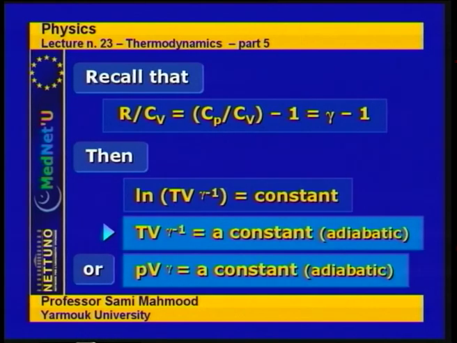This is an alternative relation which is relating the state variables of the ideal gas in an adiabatic process. So thus we have these relations which relate the state variables. Each relation actually connects two variables, and the equation of state PV equals nRT for an ideal gas gives us the means to evaluate the third state variable by substituting into this equation.